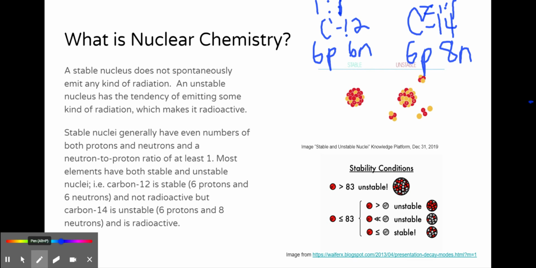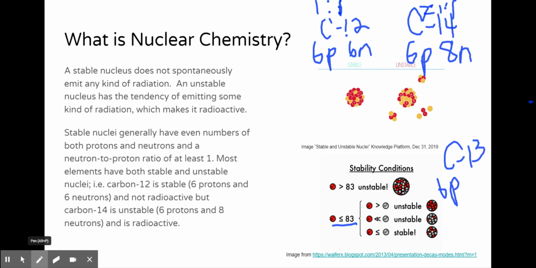Anything under 83 is unstable if the number of protons is much greater than the number of neutrons, or if the number of protons is much fewer than the number of neutrons. If the protons are equal to the number of neutrons or slightly fewer, then it is stable, which is the case for carbon-13.